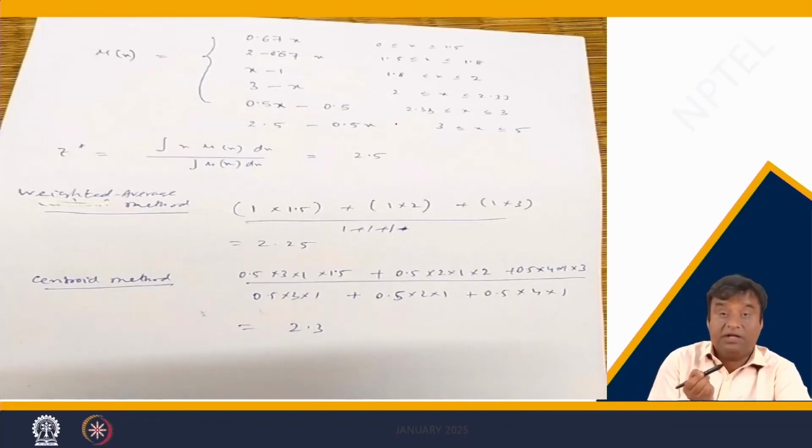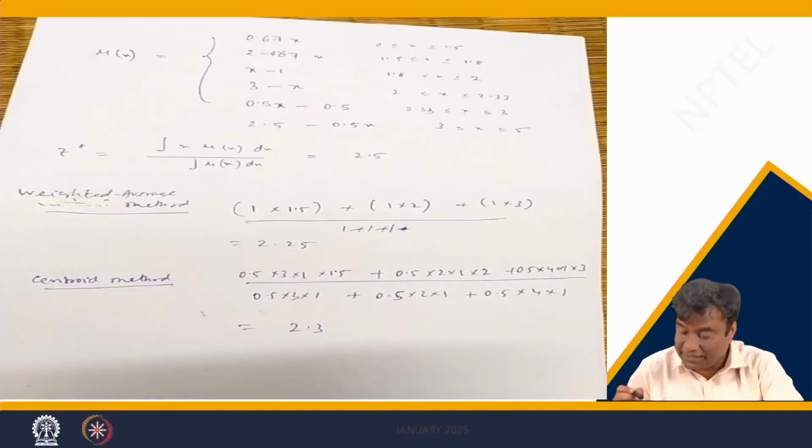By using the center of gravity method, you can write it as numerator by denominator.